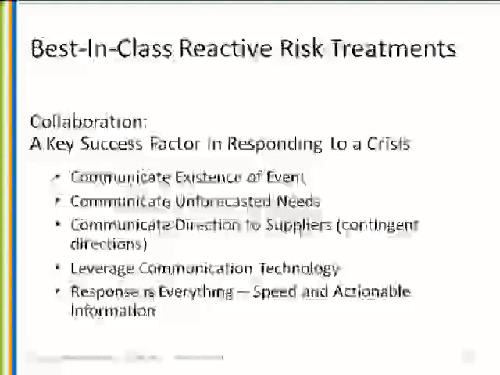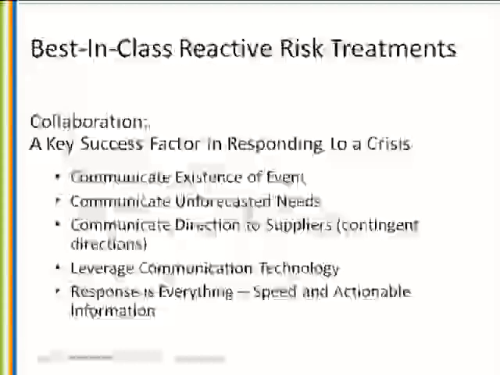Communicate direction to suppliers. So, how do you communicate with those suppliers what to do next, or to hold inventory or escalate inventory requirements and whatnot. And then ultimately it's leveraging communication technology. Today, communication technology is basically so much different than it was even 5 years ago.